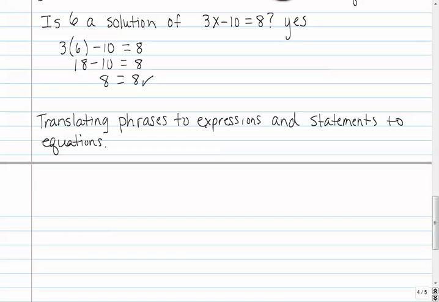So in other words, it's going to be given to you in words, and we're going to translate it into a mathematical, either expression or equation.